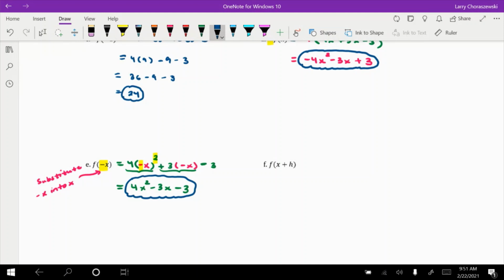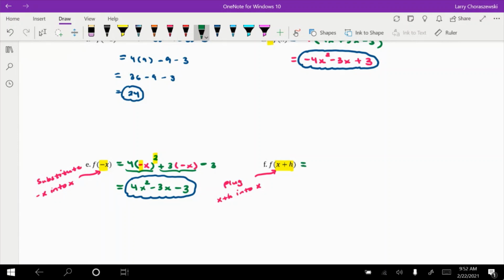Okay? Now with part F, x has changed into the expression x plus h. And so we do a similar thing, something like this. We're going to plug x plus h into x, or substitute x plus h into x.